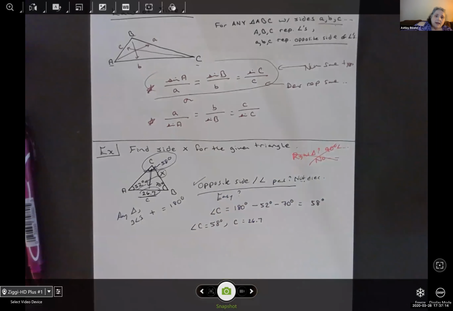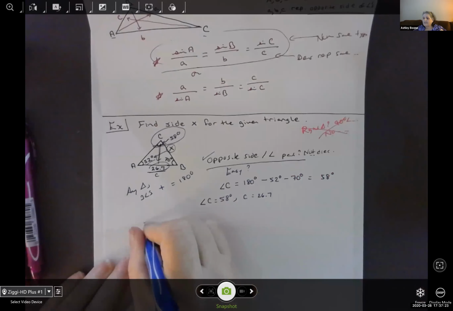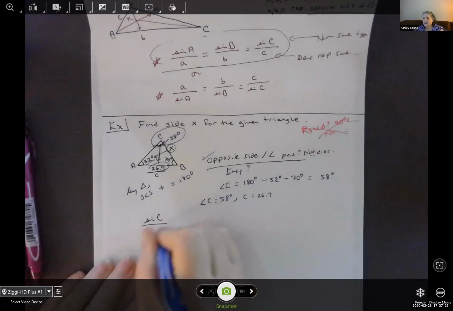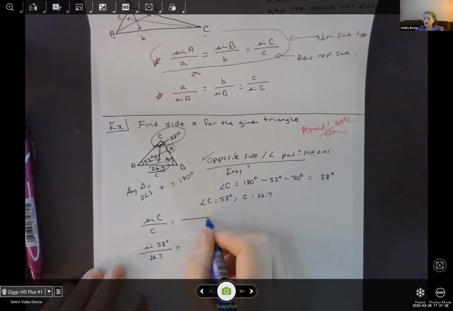You can go ahead and use your law of sines, because what we know is that the sine of angle C is to C as, so that's going to be the sine of 58 degrees is to 26.7, as we're going to need another fraction on the right with an opposite angle and side. We're wanting to solve for x.